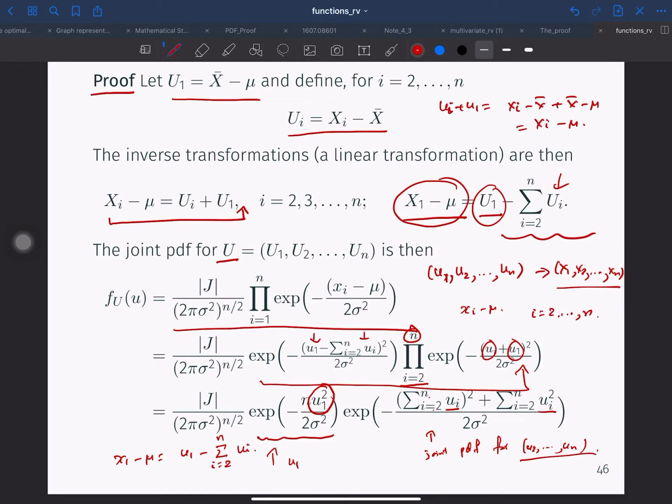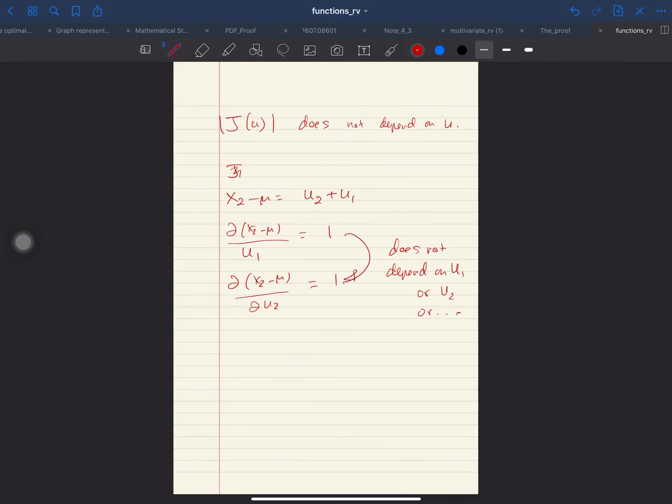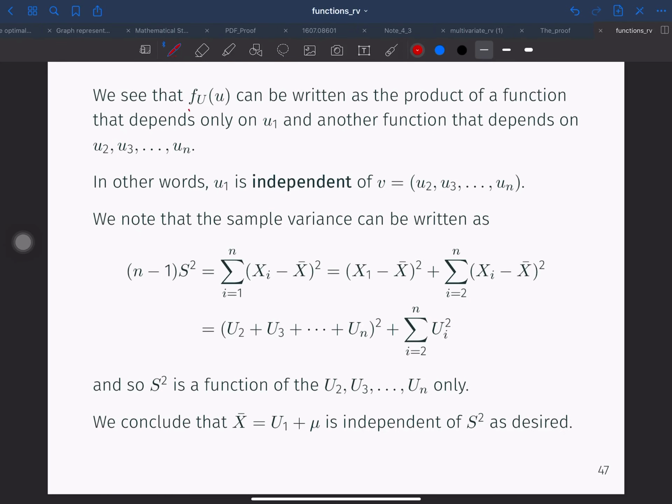So what that implies, by independence, is that we can conclude that f of u is a product of a function that depends only on u1 and another function that depends on u2, u3 up to un. So in other words, the random variable u1 is independent of v, which is u2 up to un.